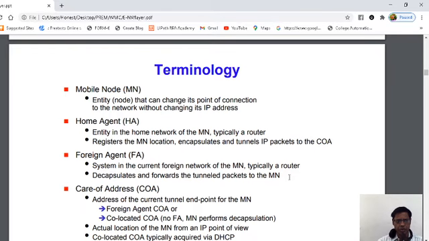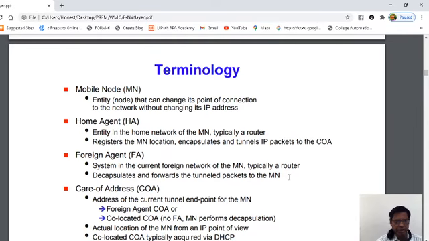It registers the mobile node location, encapsulates and tunnels IP packets to the COA, the care-of address. The foreign agent is a system in the current foreign network of the mobile node, typically a router, and it decapsulates and forwards the tunneled packets to the mobile node.